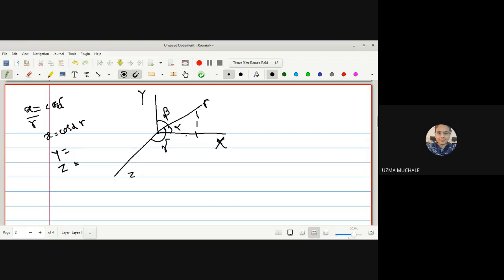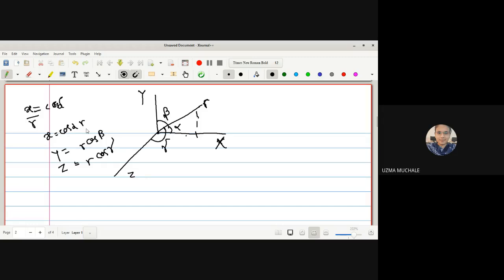What will be y? Y is nothing but r cos beta, and z is nothing but r cos gamma. So alpha, beta, gamma are the angles, and cos alpha, cos beta, cos gamma are the direction cosines. Alpha, beta, gamma are not direction cosines.